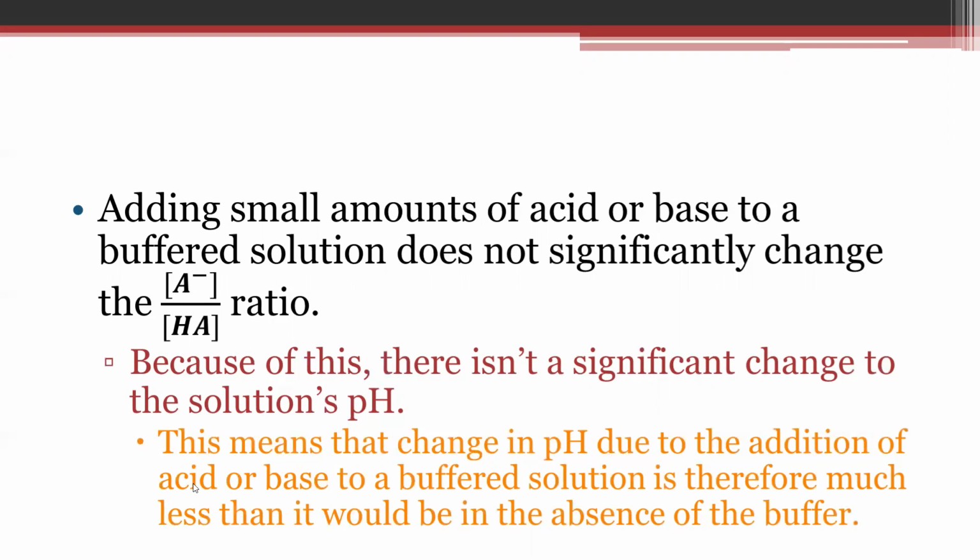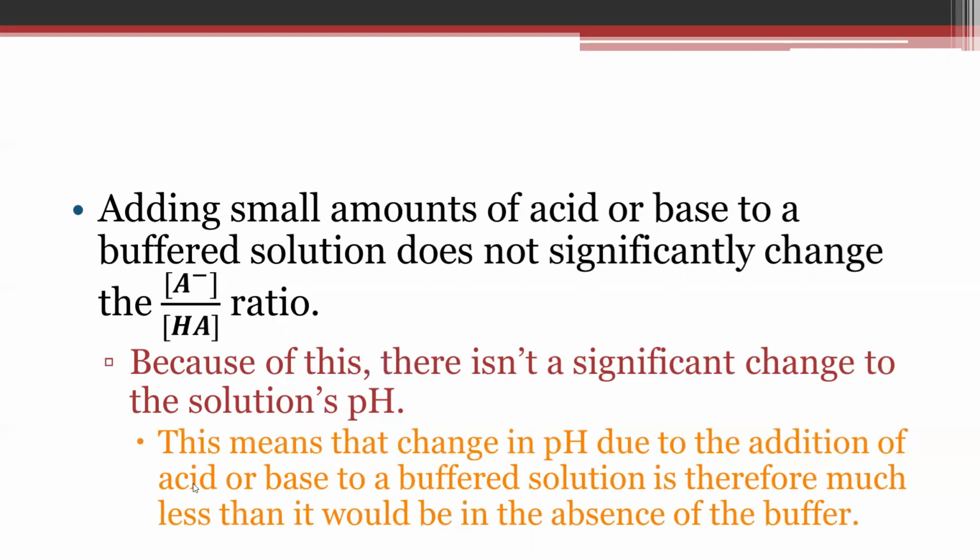Because of this, there is not a significant change to the solution's pH. So when you do change the pH by adding an acid or base, it's going to be a lot less than it would be in the absence of the buffer, or with just plain water. Again, there's not very much change, like we saw in example 17 of section 8.8.